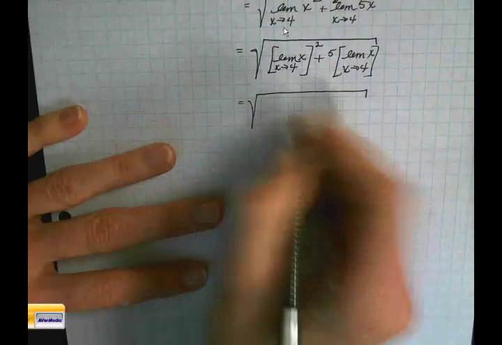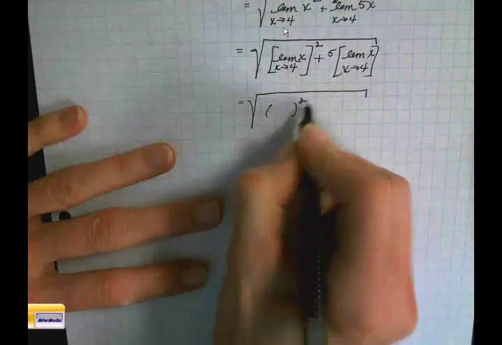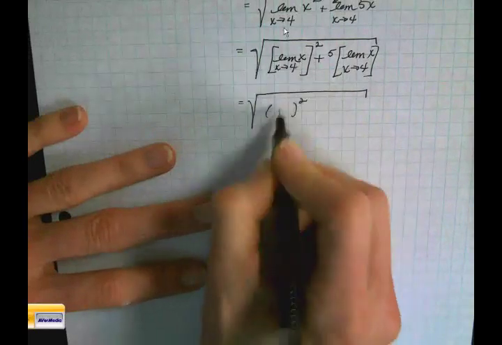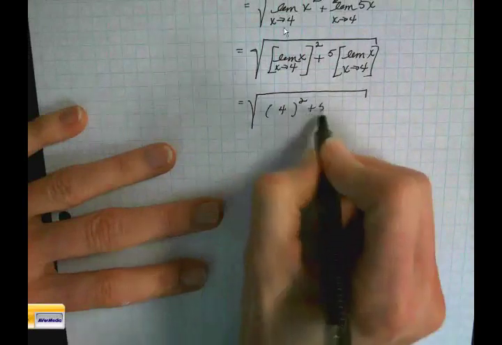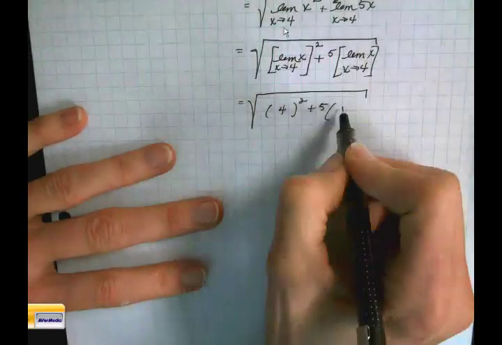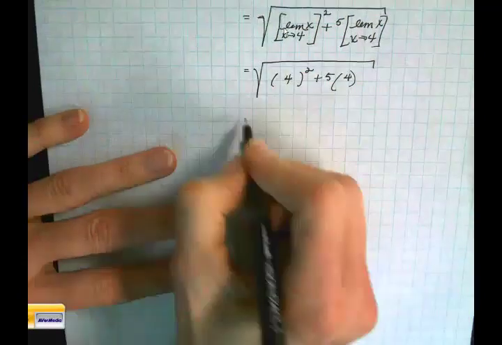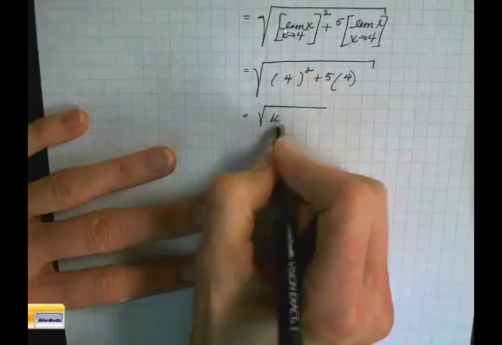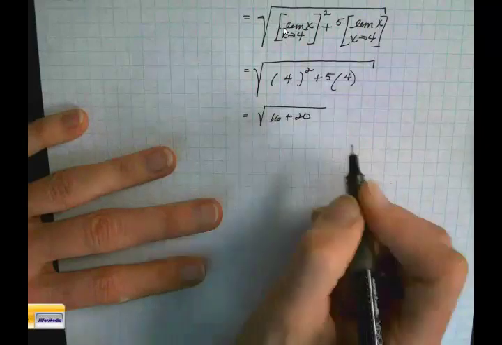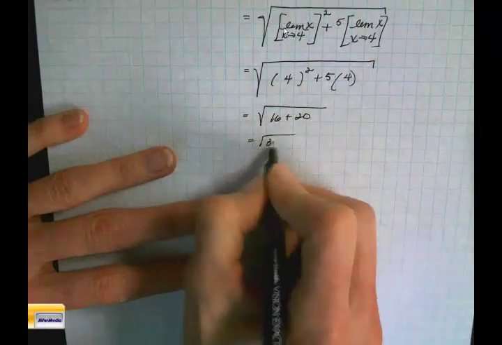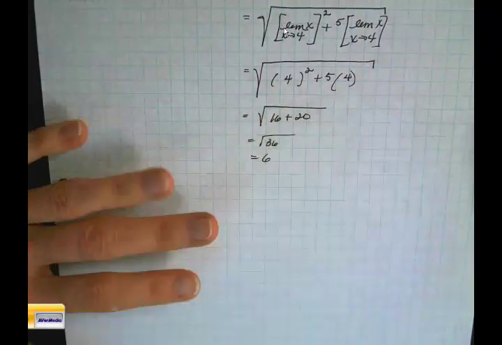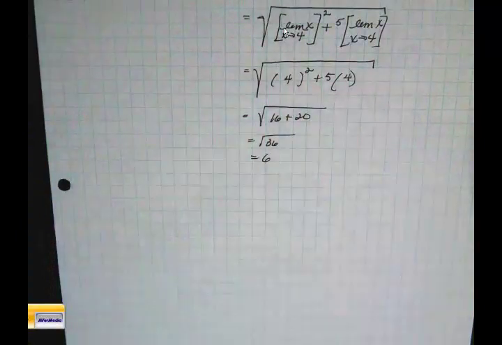So this is the square root of something squared. The limit as x is approaching 4 of the identity function is 4. And this is the limit as x is approaching 4 of x, again, the identity function. So we have the square root of 16 plus 20, which is the square root of 36, which is 6.